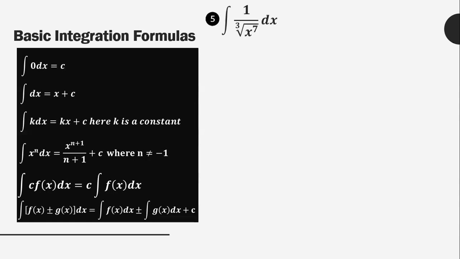For example number 5, we have the integral of 1 over the cube root of x raised to 7 dx. So we can actually rewrite this one in the form of a rational exponent. Do not forget that the radical sign becomes the denominator of the fraction, and the exponent becomes the numerator of the fractional exponent.